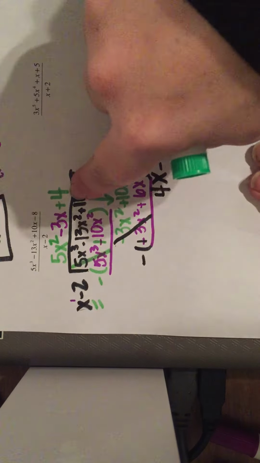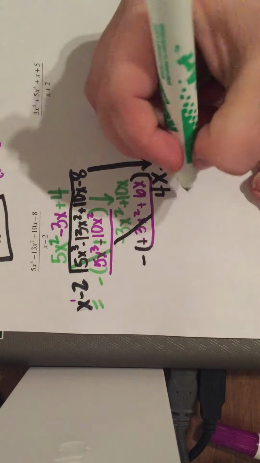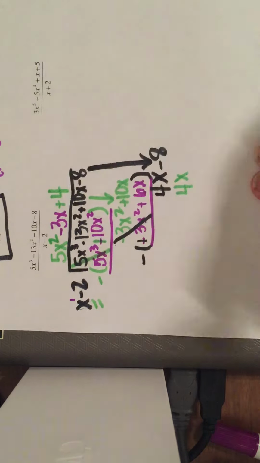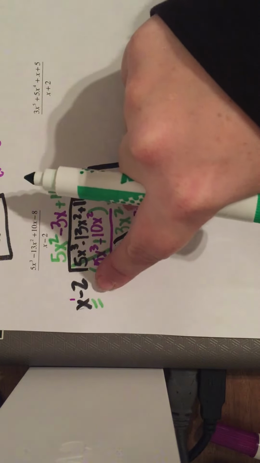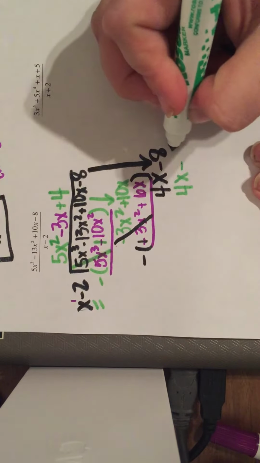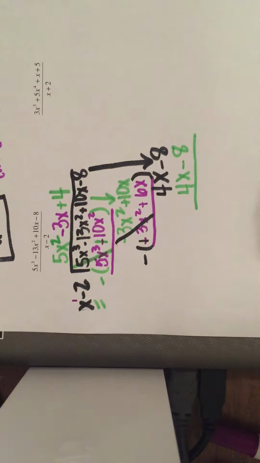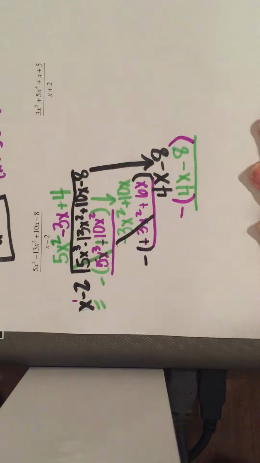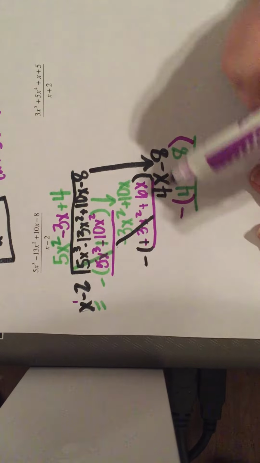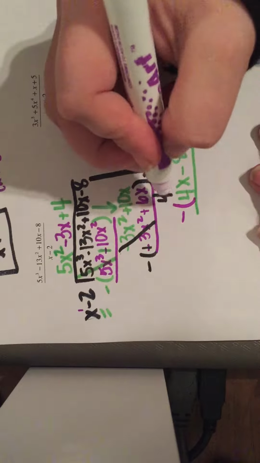So then I just distribute. I say 4 times x is 4x. And 4 times negative 2 is negative 8. All right, let's subtract them things. 4x minus 4x, that's going to be 0.